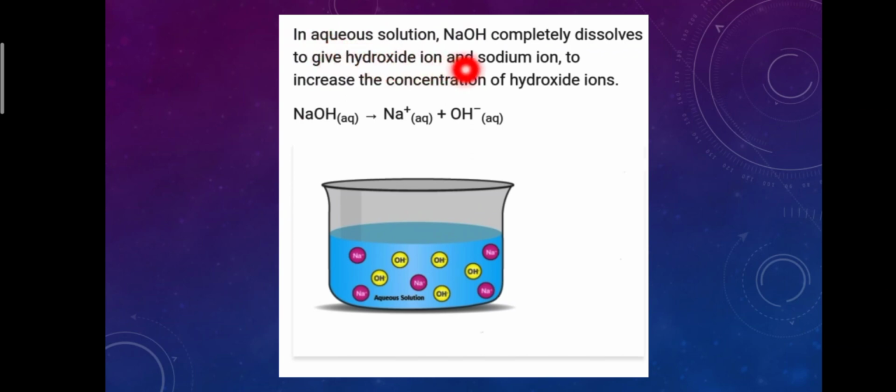In aqueous solution, NaOH completely dissolves to give hydroxide ion and sodium ion to increase the concentration of hydroxide ions. When NaOH dissolves in water, Na positive, that is sodium ion, and OH negative, that is hydroxide ion, are formed.